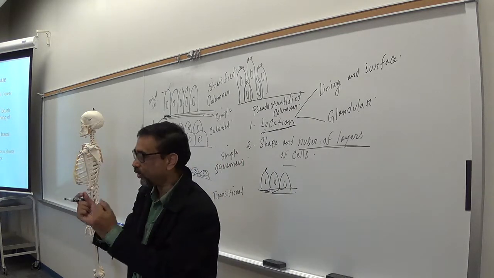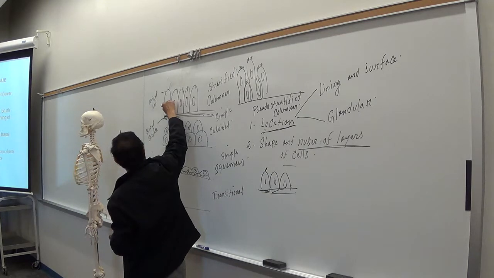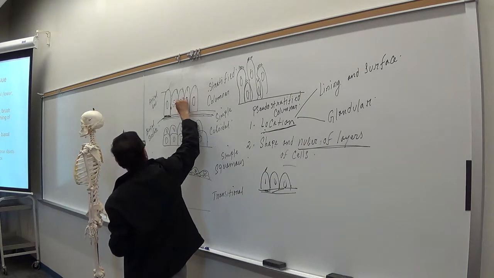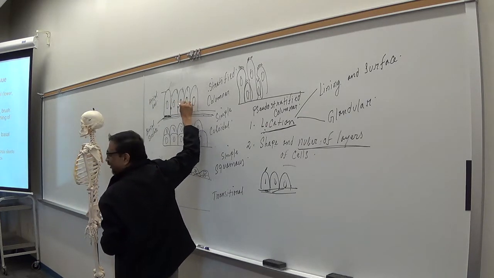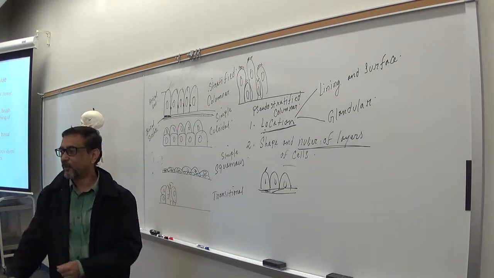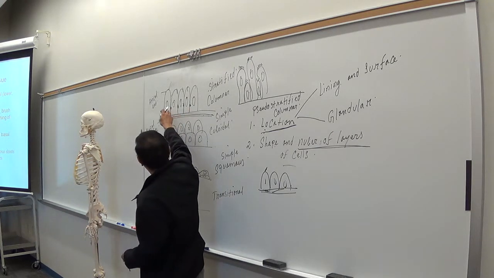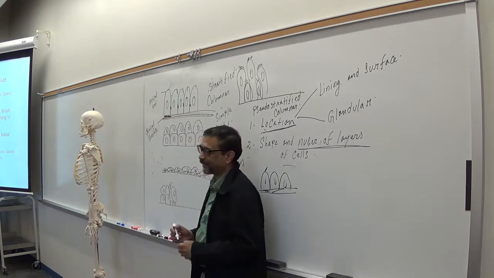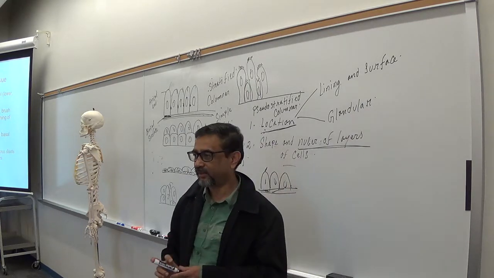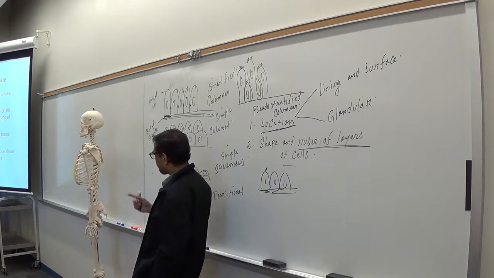Make sense? So closely packed. By what? You already know. Intercellular junctions. We talked about this in last class, right? Tight junction, gap junction, desmosomes, remember that? So, intercellular junctions or joinings hold the cells together. So, that's why they are packed together. That is a property of epithelial tissue.